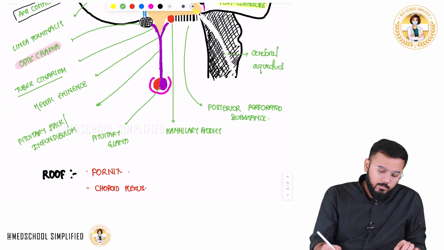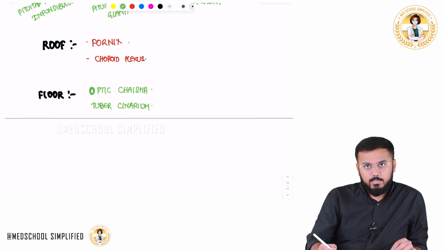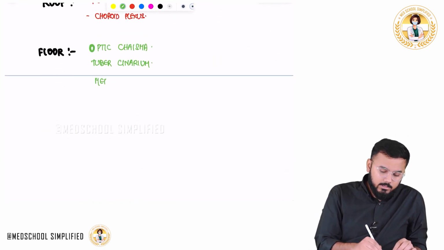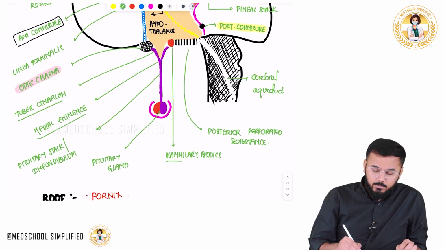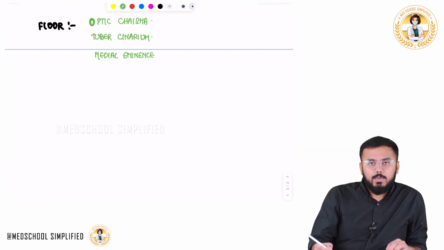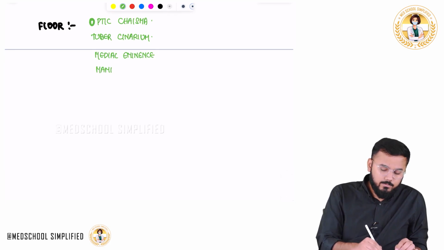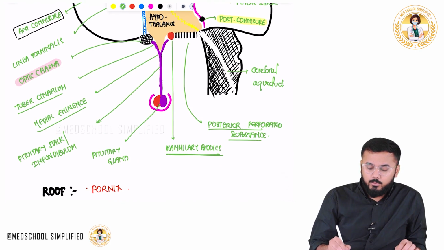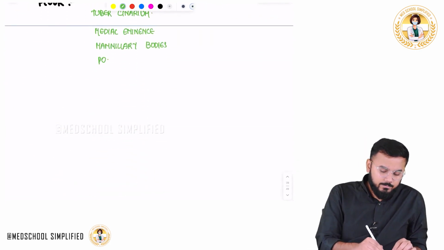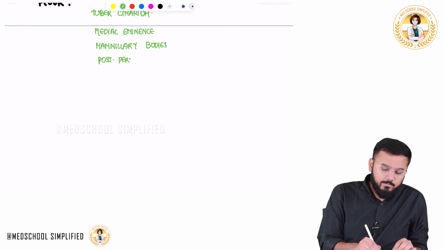Third important thing over here is your medial eminence, right? Now after the medial eminence, the next important structure is the mammillary bodies, okay? After this, the next important structure is the posterior perforated substance.